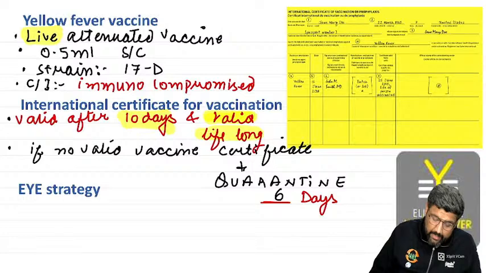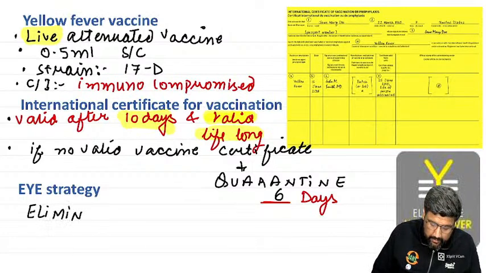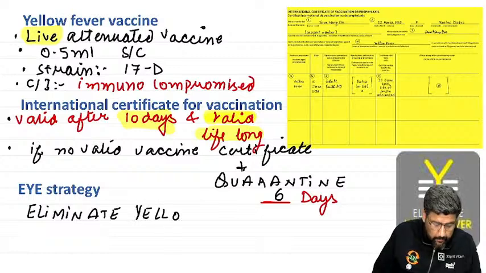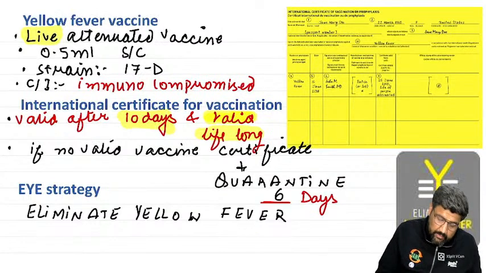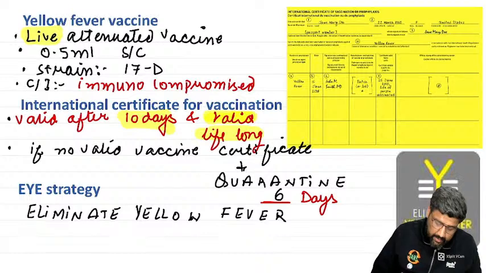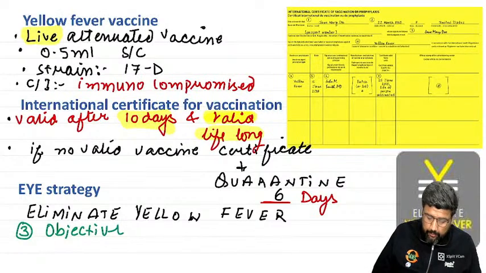Now coming to the I strategy, the full form of the I strategy is eliminate yellow fever. The strategy includes 3 objectives.